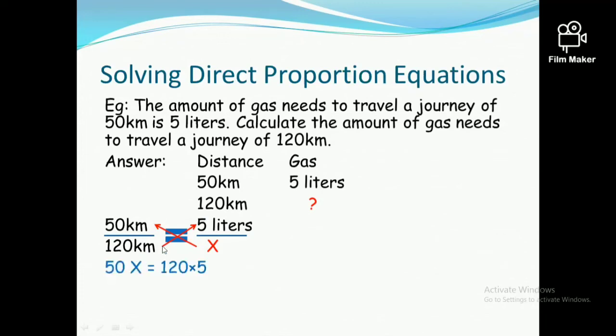Then if you write it, you will get 50x equals 120 into 5. Then the x value should be 120 into 5 divided by 50. Then you will obtain the answer as 12 liters. That means to travel a journey of 120 kilometers, we need 12 liters of fuel or gas.